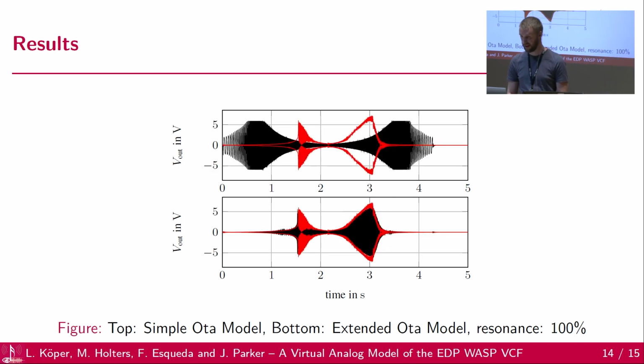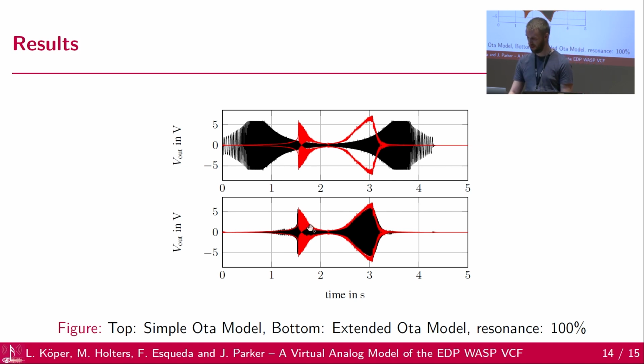But if you now take a look, what happens if we increase the resonance, so if we increase the nonlinearity, then we see, okay, the simple model is just not working at all, so we have some clipping effect, and we also have a shift of cutoff frequency, and it's just not following the shape of the measurements at all.